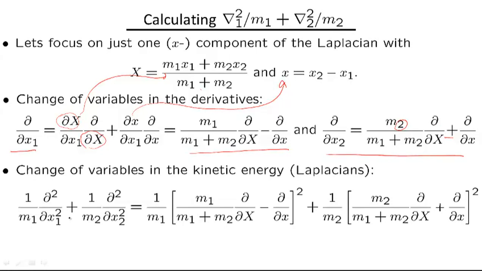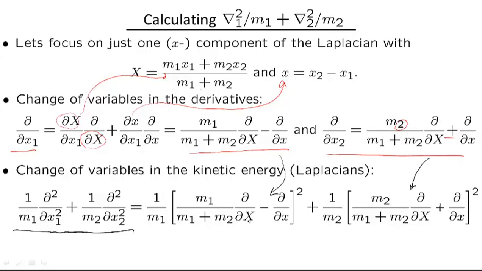So we can calculate the quantity that we're after by essentially squaring this result. This would give us the x part of the Laplacian for the first particle, and this squared will give us the x component of the Laplacian for the second particle. So this goes here, and this result goes here.